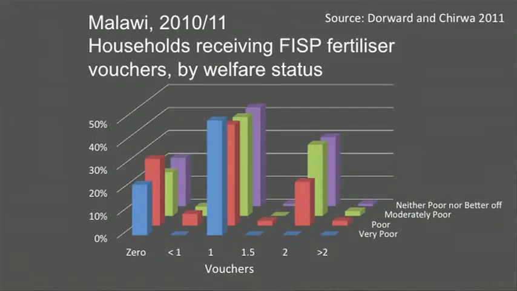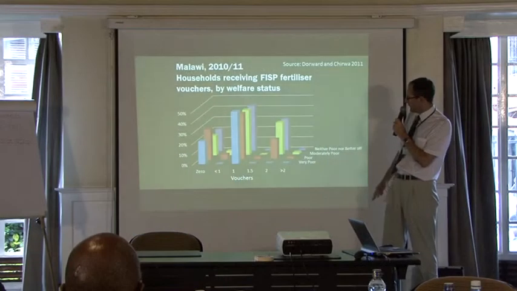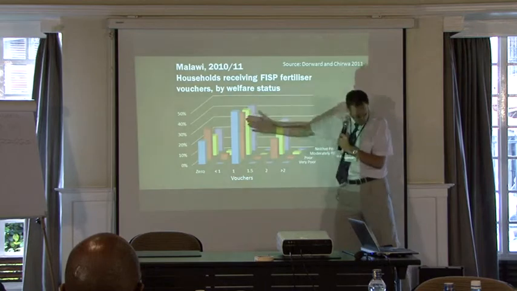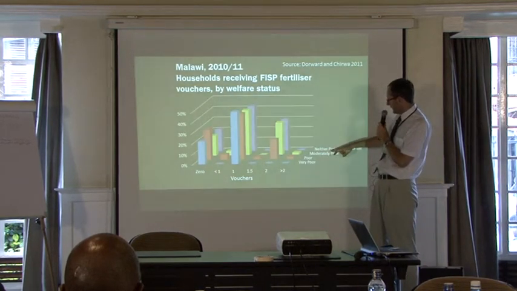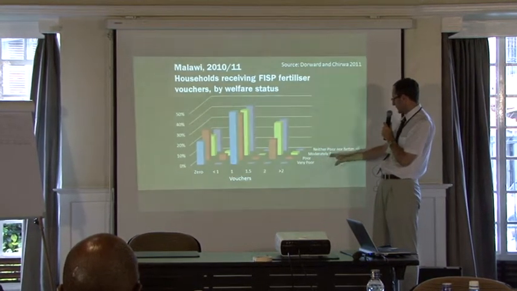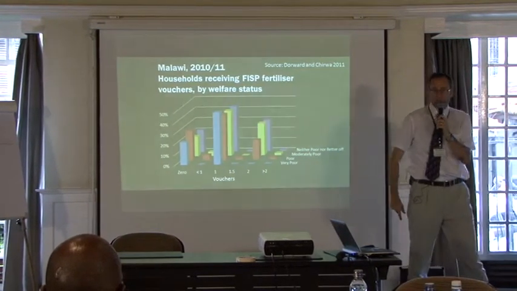If you compare with Malawi in the same season, let me get my head around how this is done. As you go back, you are looking at what proportion got no voucher, 1 voucher, 2 vouchers, and then you're looking at that as you go along this way, according to how much the very poor, moderately poor, better off got.